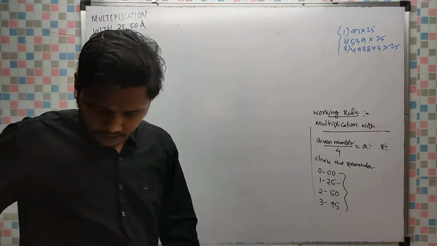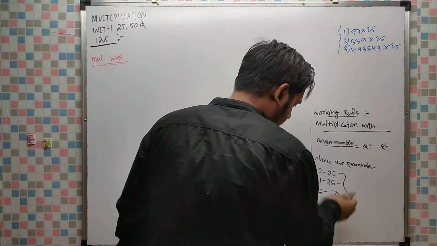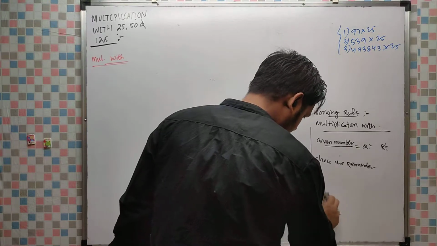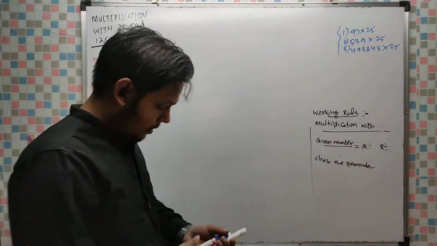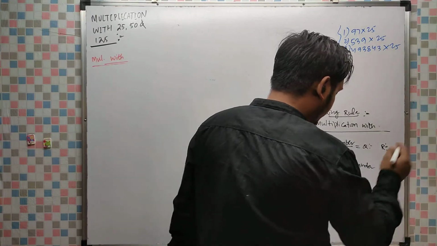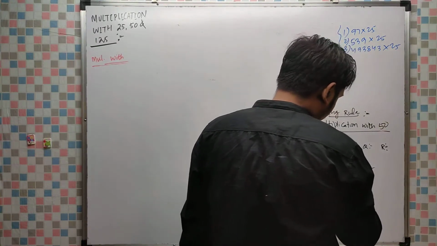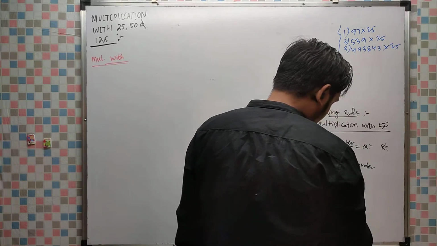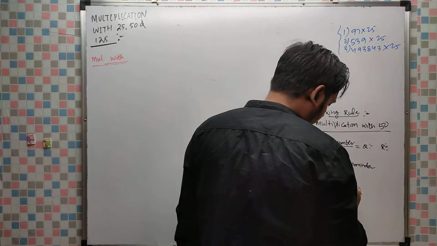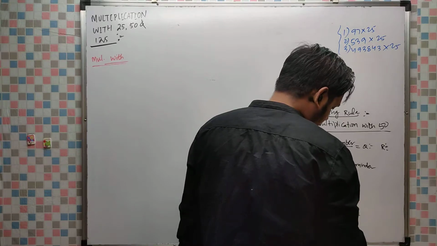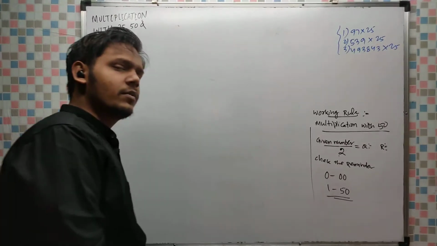For 50 we have to change the rule a little. 50 means half of 100, so we have to divide the given number by 2, and the possible remainder can be 0 or 1. 0 means 00, and 1 means 50. This is very easy.